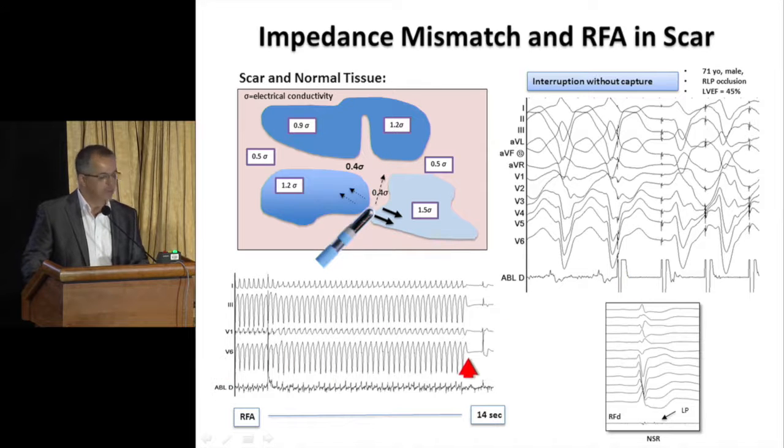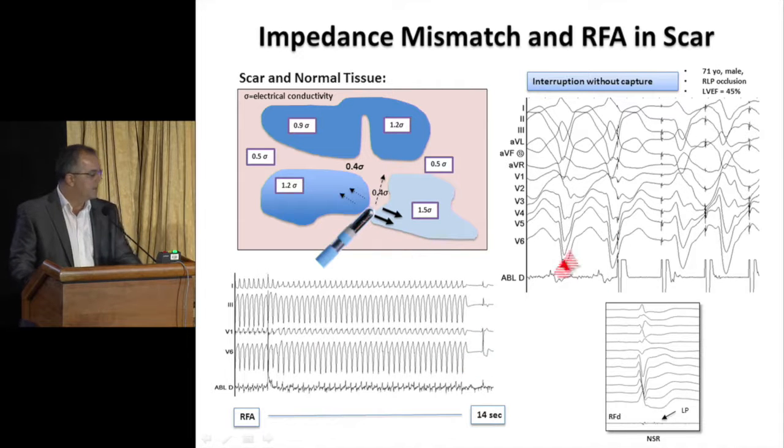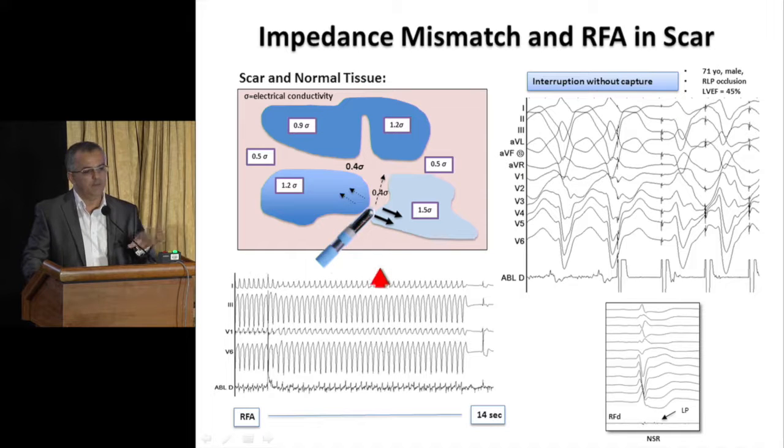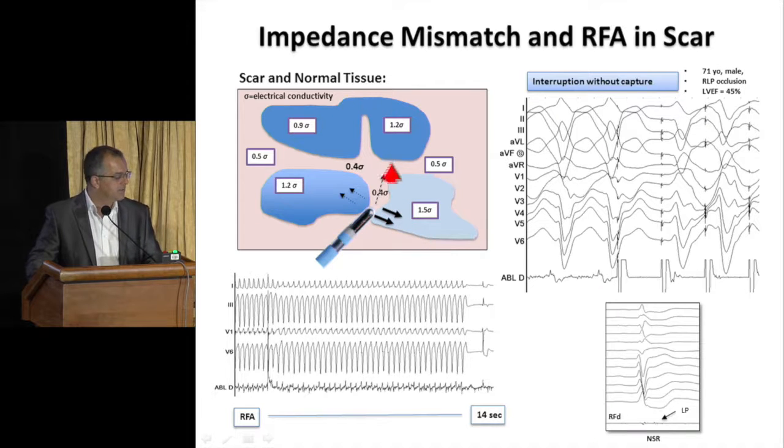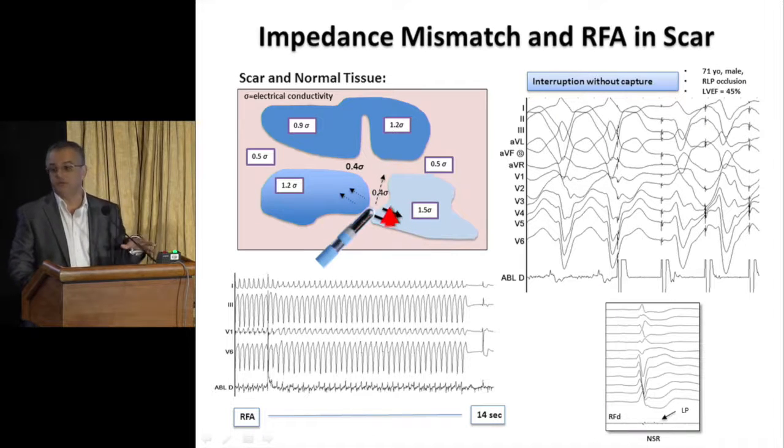But as you can see, it took like 15 seconds for this VT to stop. So this kind of phenomenon could be explained by current flow going away from what I'm recording, because my catheter tip would be surrounded by areas with completely different impedance, favoring electrical flow to different directions.